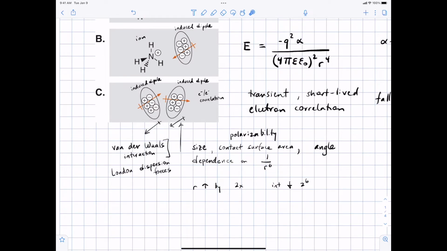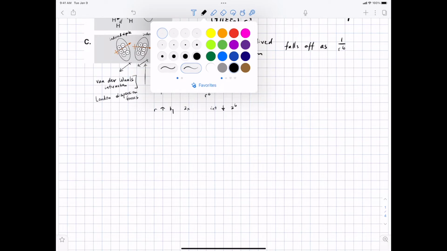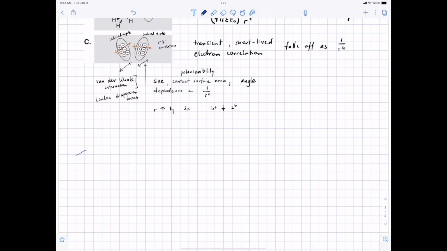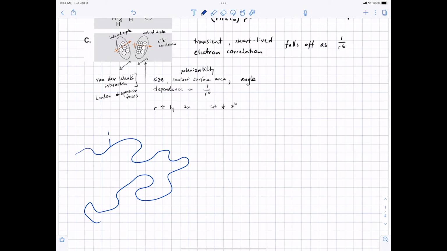Now, it's possible to misunderstand van der Waals interactions, and let me give you a couple of situations where people have done so. So imagine an unfolded protein, and at some positions, some side chains along the protein, you've got positive charges and negative charges. You have hydrogen bond donors, hydrogen bond acceptors, non-polar groups, and polar but not charged side chains.